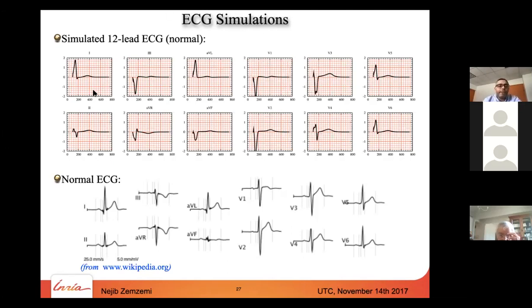You can compare them. If you look at the first ECG, for instance, you can see that we have the same waves, but we don't have the same magnitude of these waves. They are mostly in the right direction, which is a good way to measure the fact that the electrical wave is propagating in the right pattern.